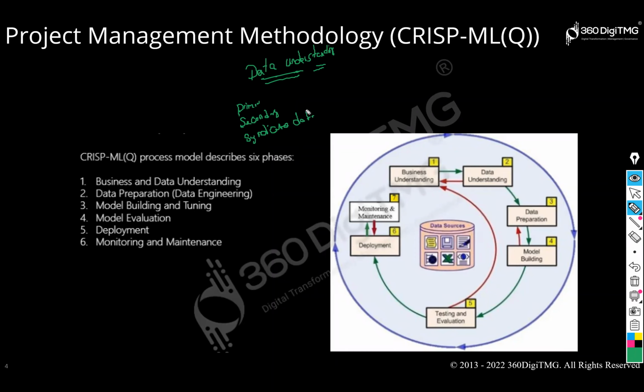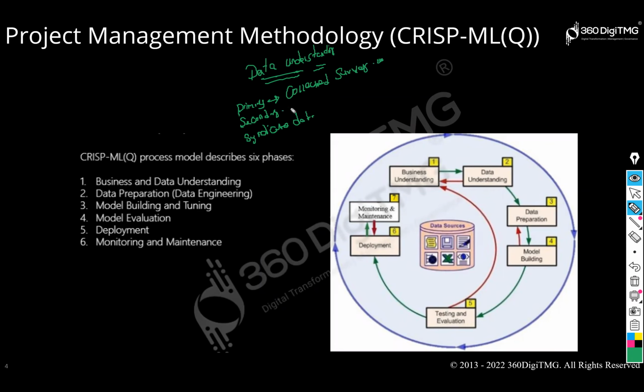So what is primary data? The data which is collected by doing some surveys, hands on. If you go and get the data, that is called primary data.